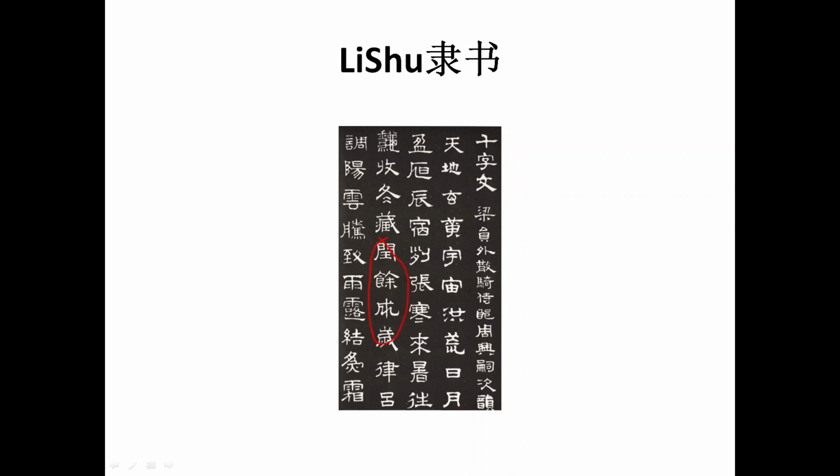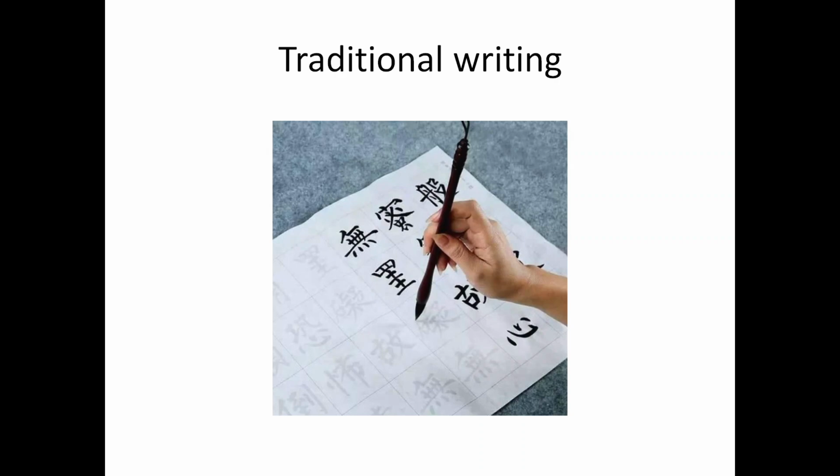All these words were written in a traditional way using a tool called 毛笔. It's mostly made of wooden or bamboo stick with animal fur attached to one end.